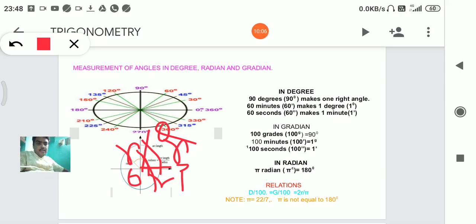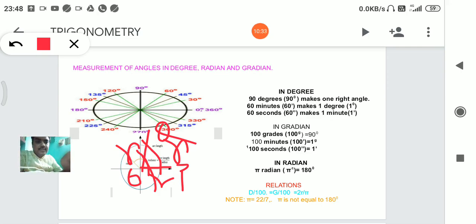So pi radian is 180 degree. Because there is a relation that we can convert. The total perimeter of this circle is 2 pi r.